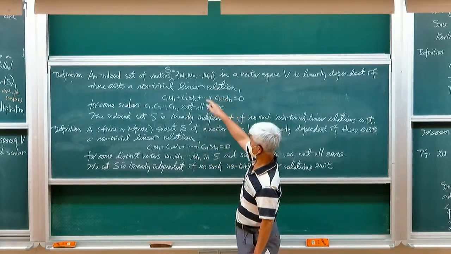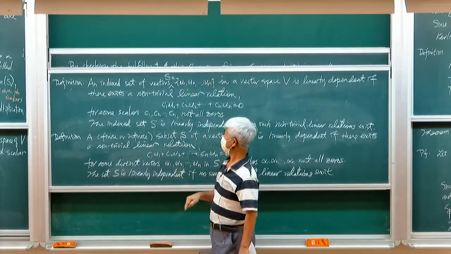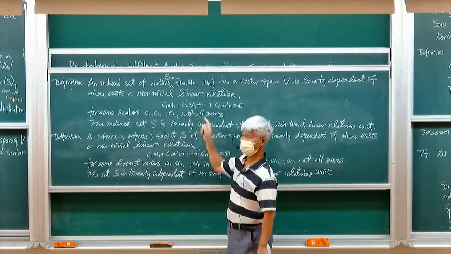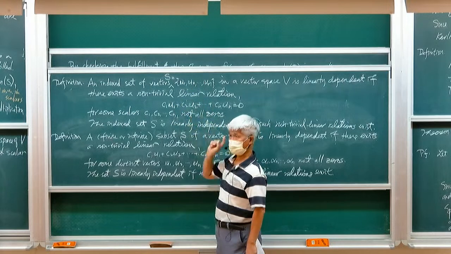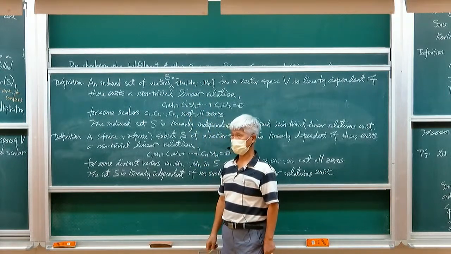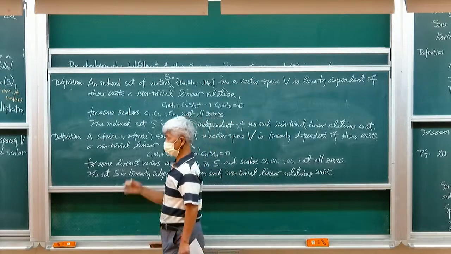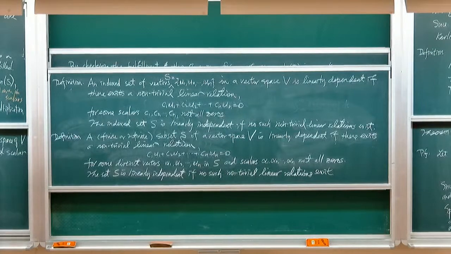But for an indexed set, because the vectors have been indexed, the positions have been set, so we allow some of them to be equal to each other. That's fine, as we deal with columns or rows of a matrix, because columns of a matrix may be the same, right?